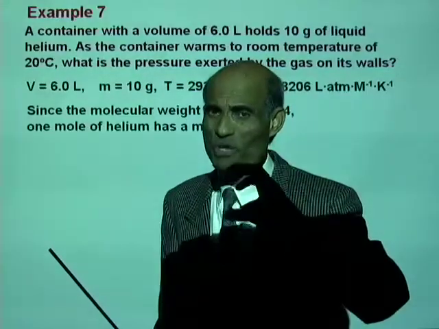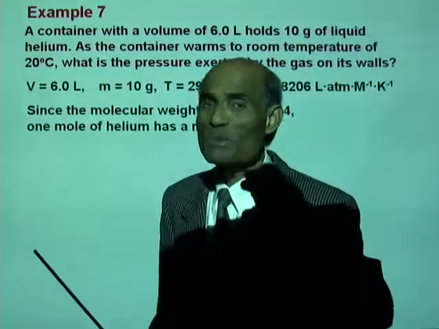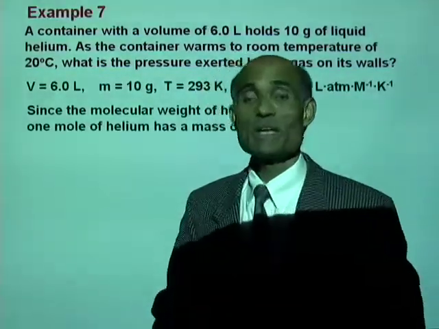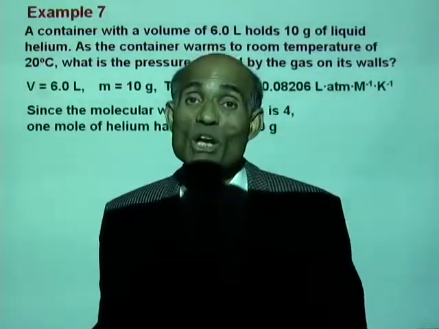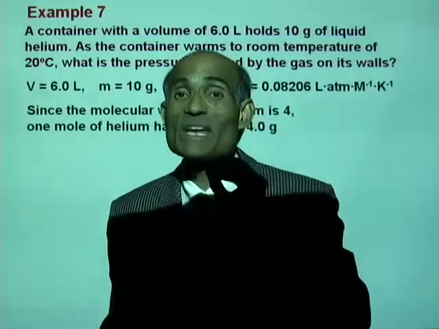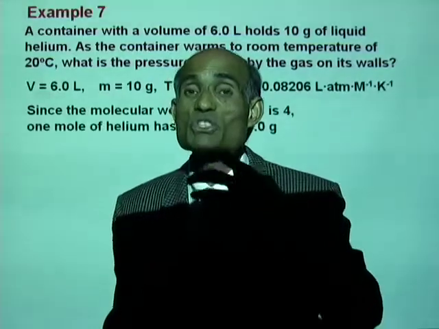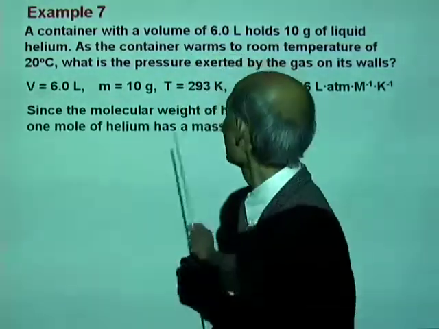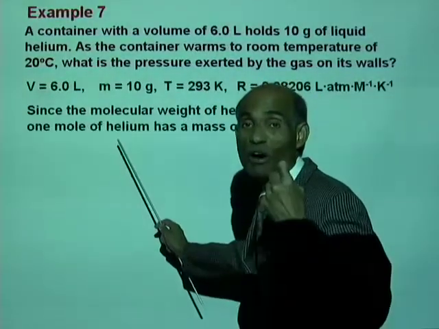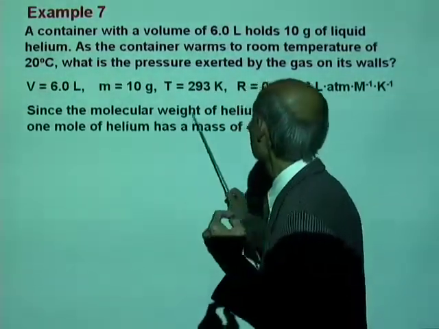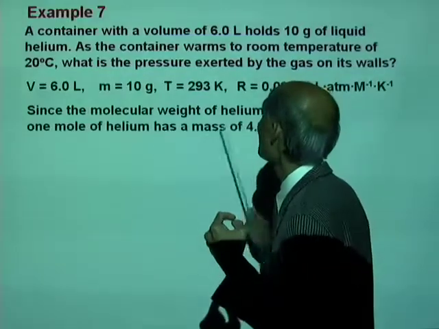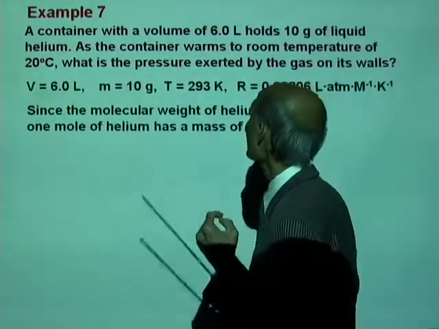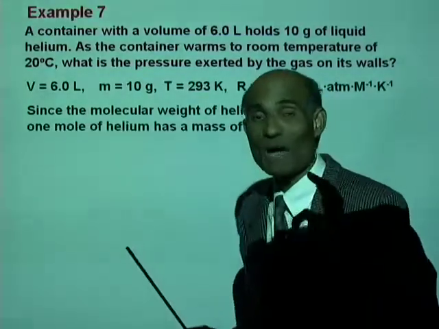Now, if you don't know that, try and make a note of this. The molecular weight of a substance in grams is numerically equal to the mass of 1 mole. The molecular weight of helium is 4 grams, means 1 mole of helium has a mass of 4 grams.